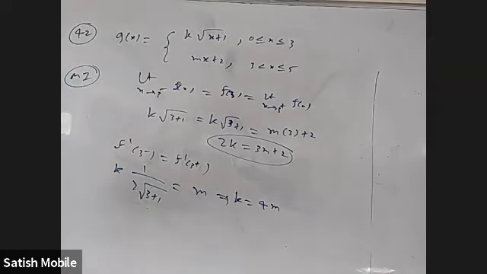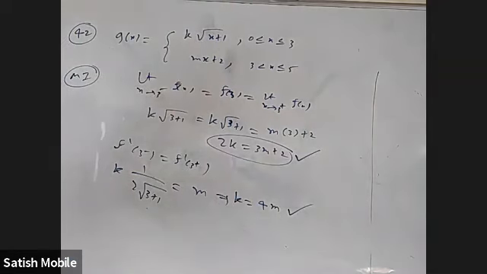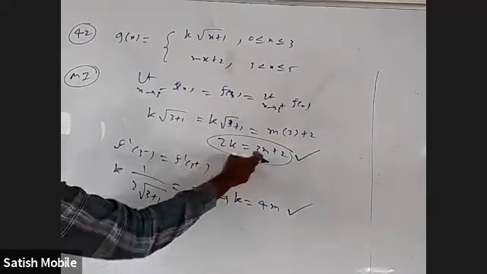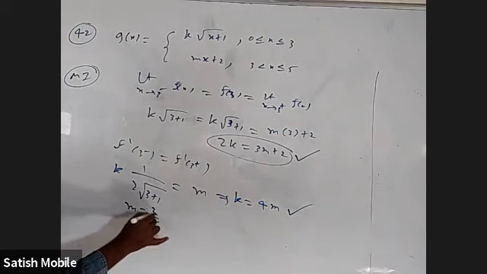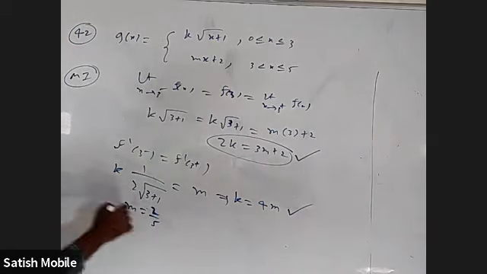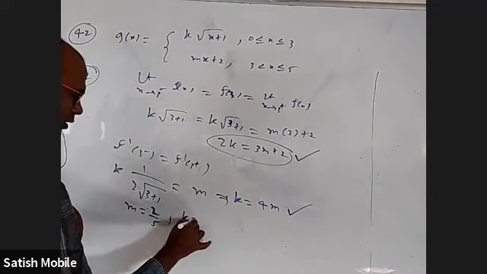Okay, so this is one equation, and this is one equation. Solve these two, you'll get k value and m value. When you put 8m, 5m, so you'll get m is equal to 2 by 5. When m is 2 by 5, k is 8 by 5.